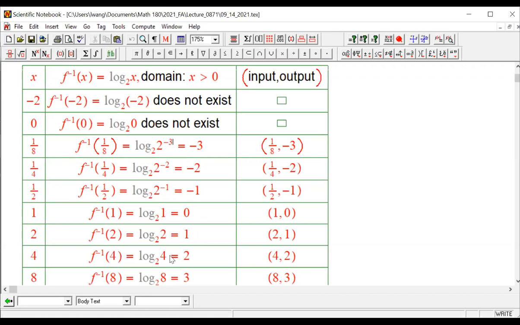And this is 2 to the power of 2. Do you guys see that there's the same idea? Using the power property. And this one is 2 to the power of 3.